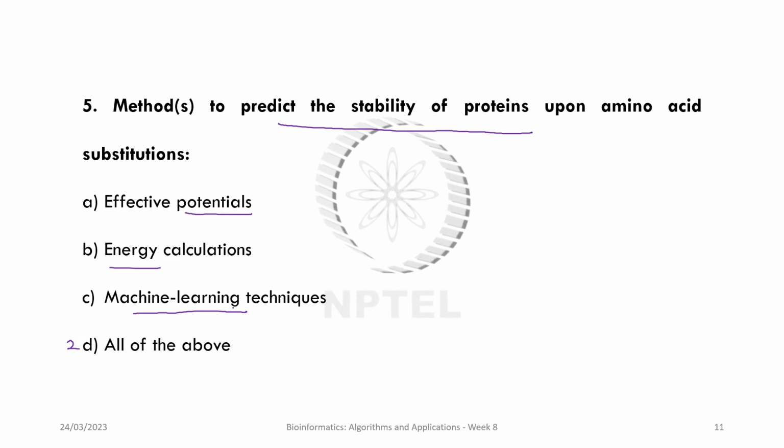When you have data on so many proteins and so many structures being modified when amino acid substitutions occur, you can use machine learning to also predict stability of proteins upon amino acid substitution. So, option D is right. Malini and Nagamani got it right.